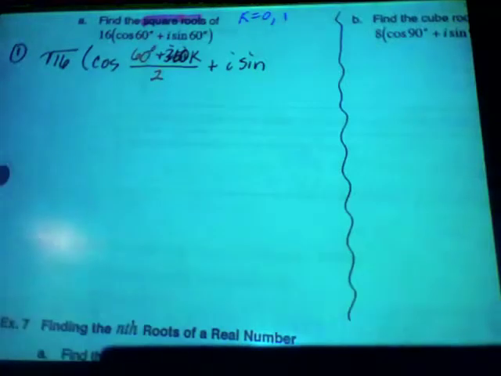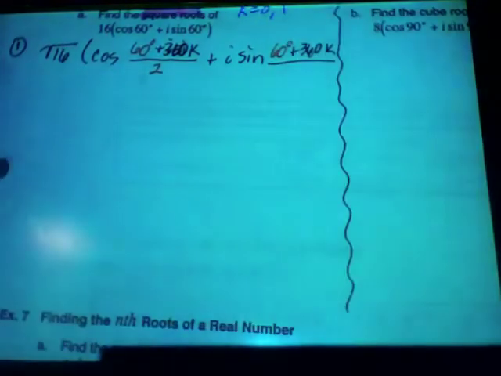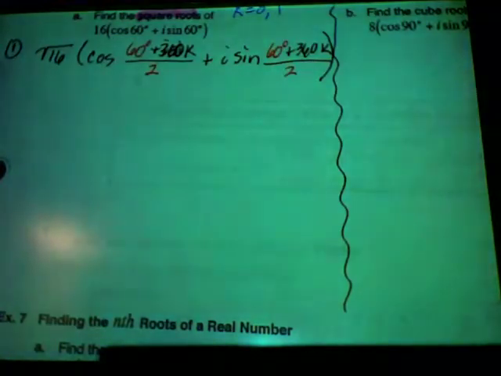Instead of 2 pi, since I've got degrees, I'm going to use 360 degrees, times k. I'm just going to put a k there for right now. All divided by, what root am I taking? So this is a 2 down here. Then plus I sine of theta, which is 60 degrees, plus 360 times k, all divided by 2, end parentheses. So that's a general formula for this specific problem.